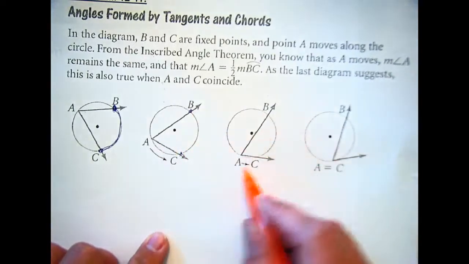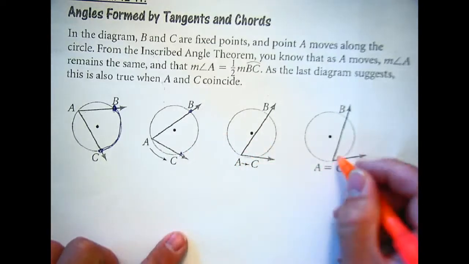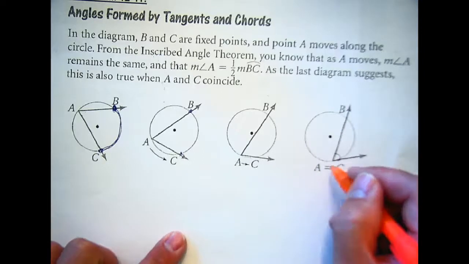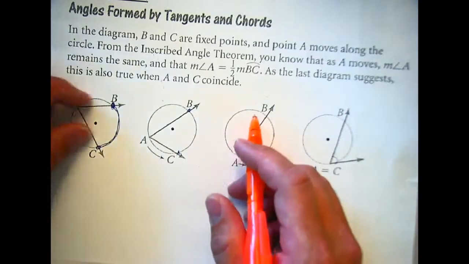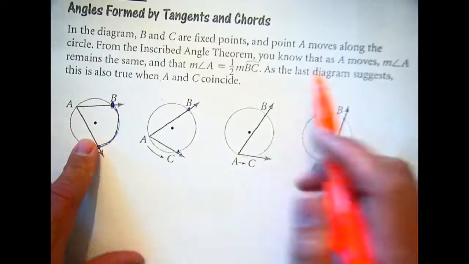Once we get to where A and C are the exact same point, you still have that same angle, and you still have that same arc. So really what you're doing is applying the previous theorem in a different way.